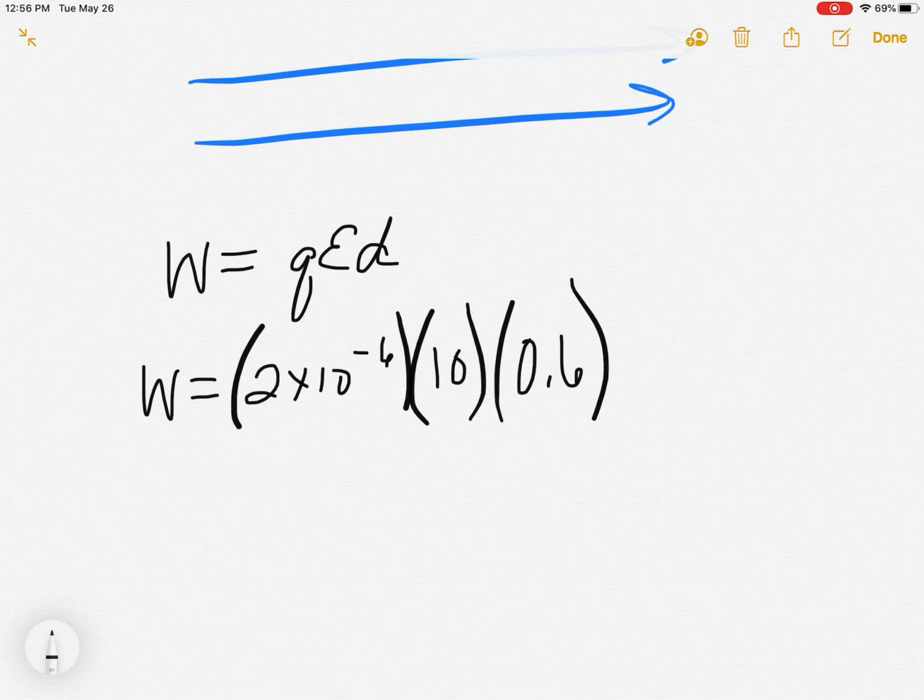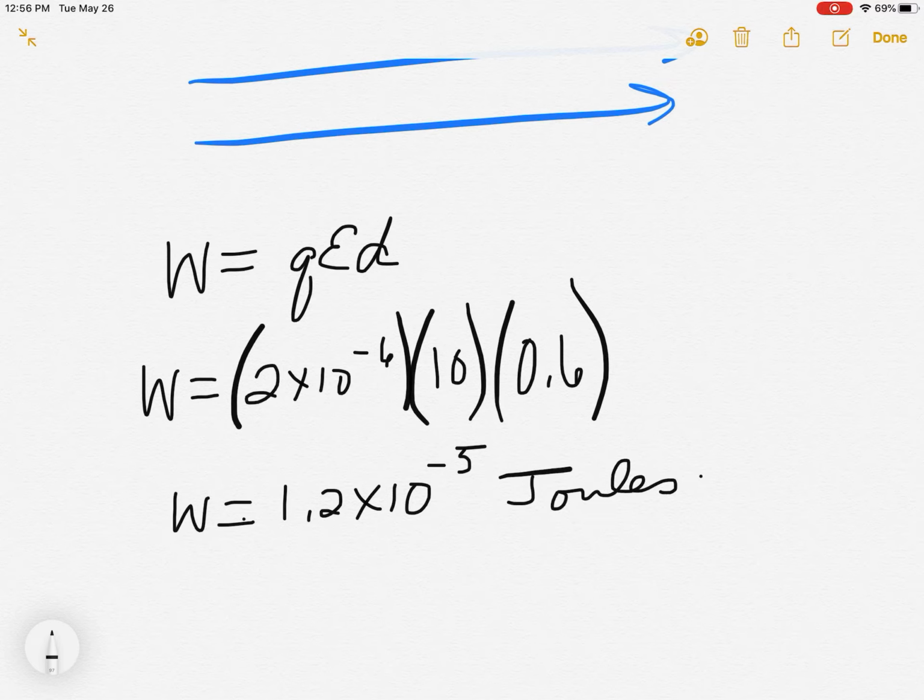So you can see that it's not so bad. It helps to just write down what you've got and then find the equation that would work, right? So that's going to be 10 times 0.6, which is just 6, right? Times 2 times 10 to the negative 6. And that means that the work done is 1.2 times 10 to the negative 5 joules.